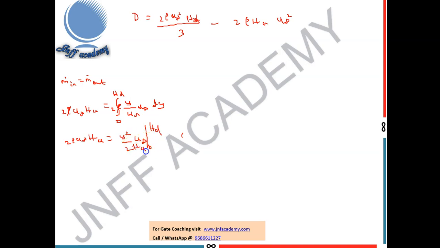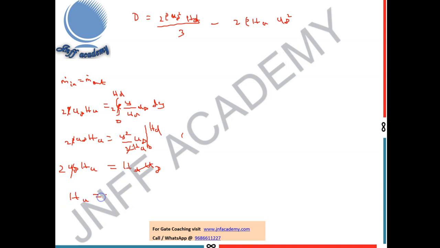There is an ht in the bottom as well. So ultimately rho goes out, u infinity hu equals ht into u infinity, the 2 will be outside, and u infinity will cancel.